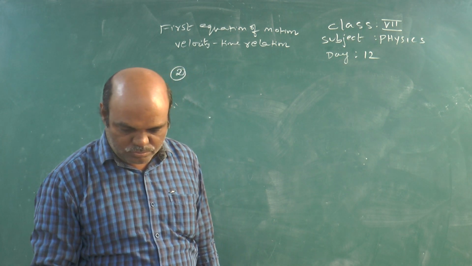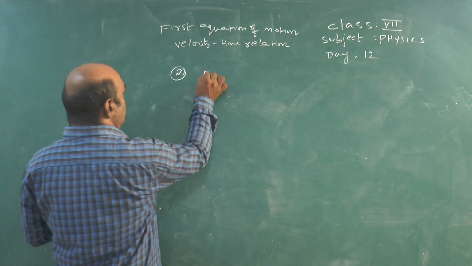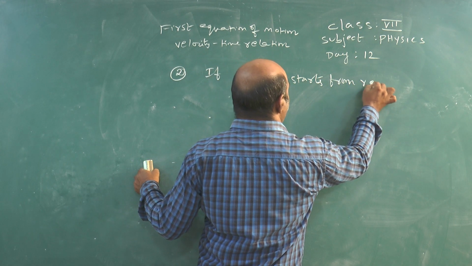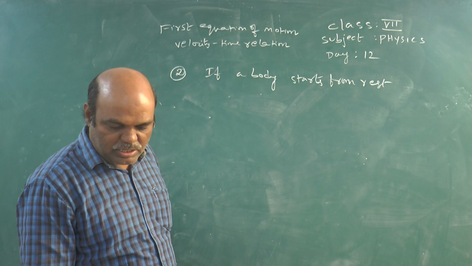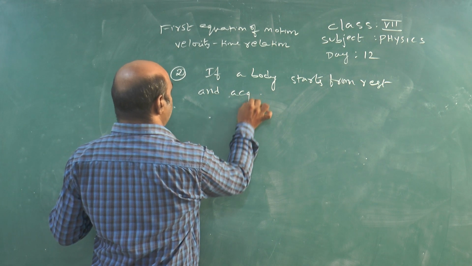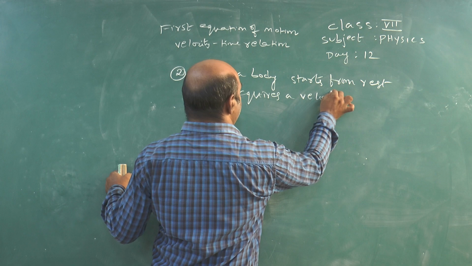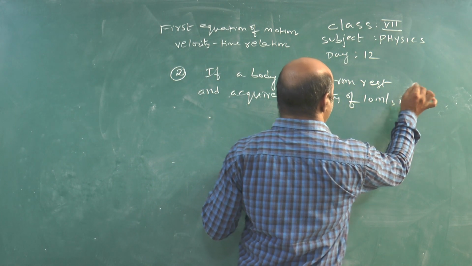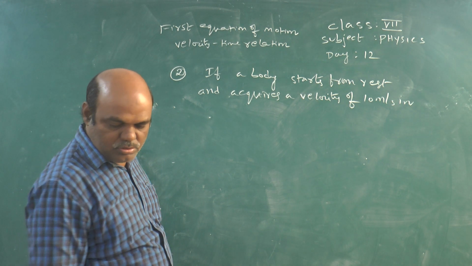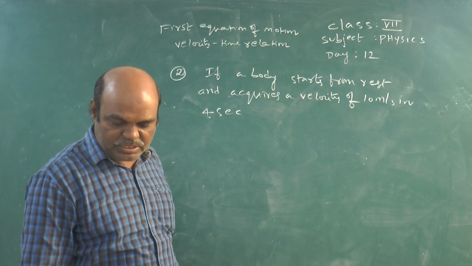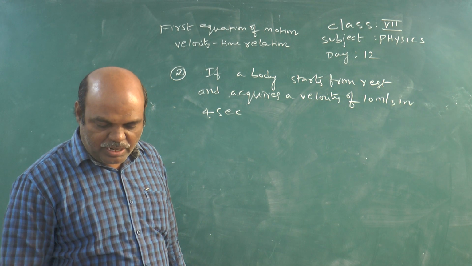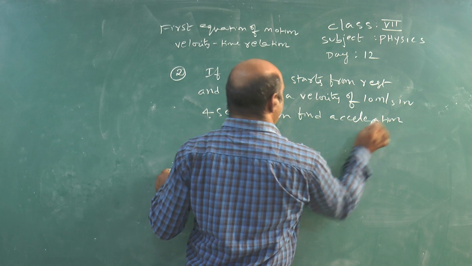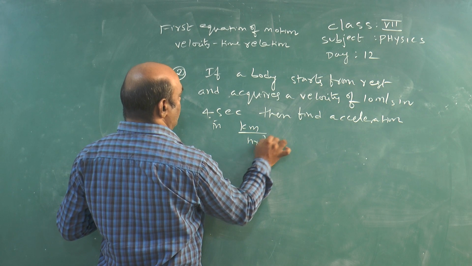Second one. If a body starts from rest and acquires a velocity of 10 meter per second in 4 seconds, then find the acceleration in kilometer per hour square.